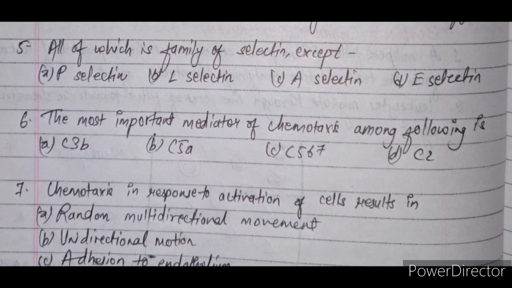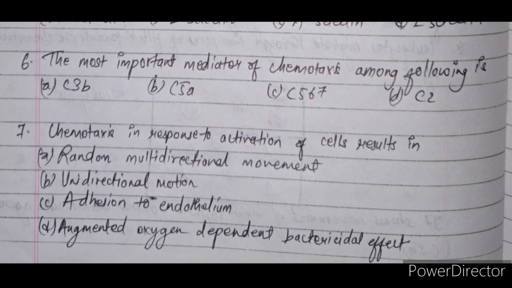All of which are family of selectin except A. P-selectin, B. L-selectin, C. A-selectin, D. E-selectin. So what's the correct answer? It is C, that is A-selectin. We have already discussed P-selectin, E-selectin and L-selectin.